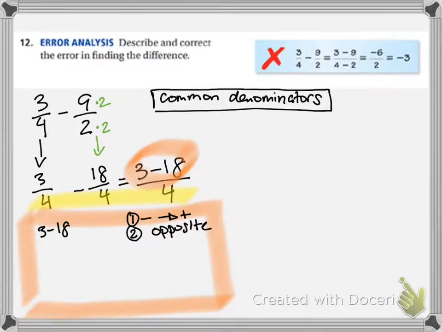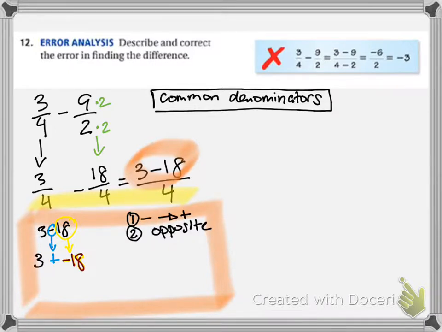So changing my subtraction into addition, and then taking that second number and changing it to its opposite. So positive 18, the opposite is negative 18. I think yellow is a little hard to see, so let's change that. Negative 18. Okay. And then that first number is just going to stay the same.